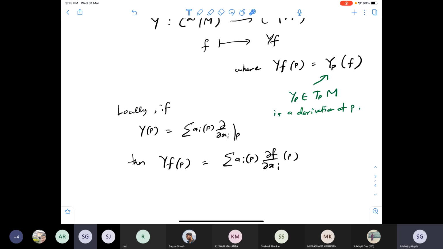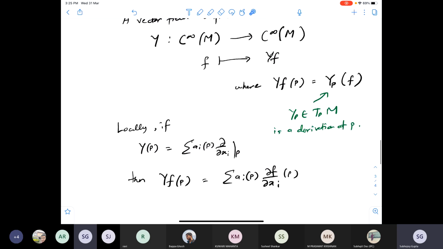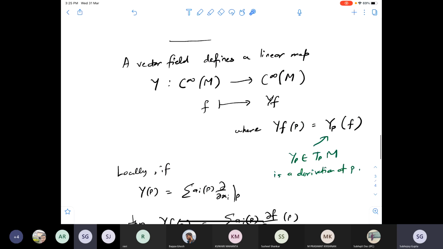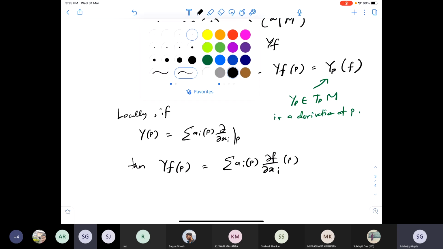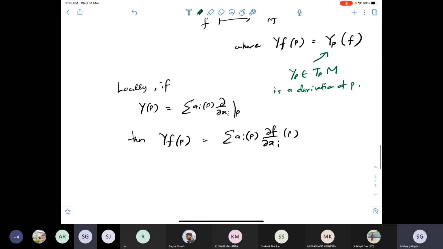In fact, this can also be considered a definition of a vector field. Let me just note that at least the smoothness part is a consequence: Yf is smooth if and only if the vector field Y is smooth.